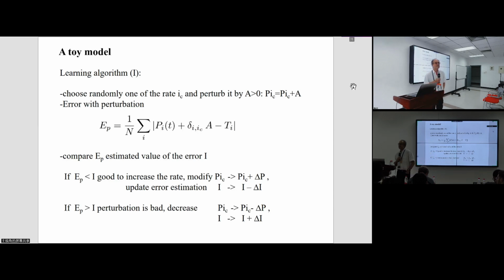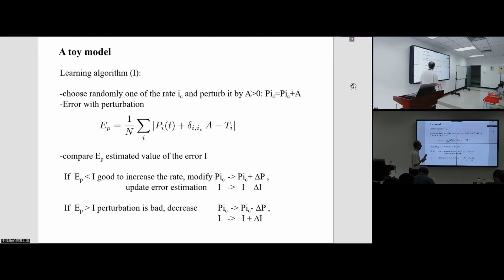Yes. So there is EP and then there is I. Yes. So I is the estimated value. I is the current inhibition, the estimated value of my performance, E, if you like. But not perturbed. But what is the connection between EP and I?